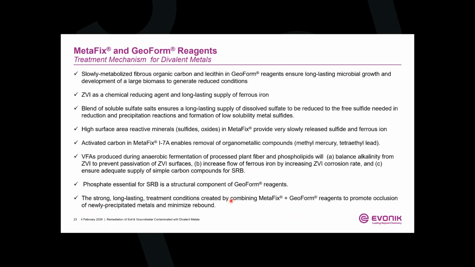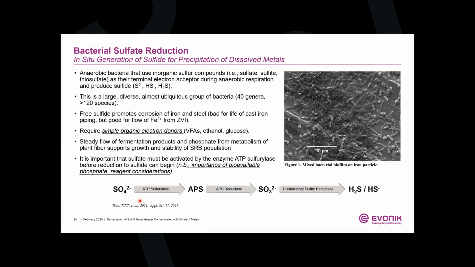These reagents together help you to create that environment that will ensure good precipitation of the divalent heavy metals as divalent metal sulfides, and that they will be encased or occluded or locked up by continued precipitation of iron sulfides.